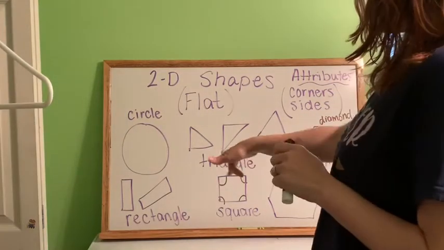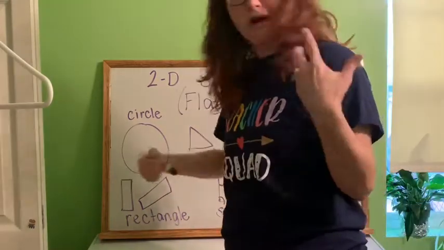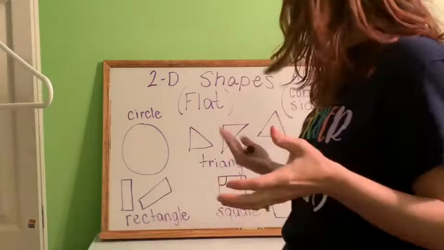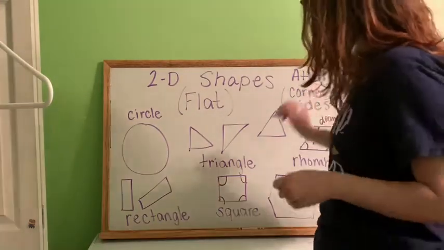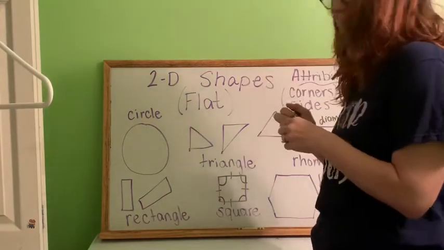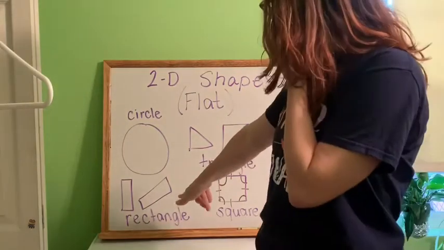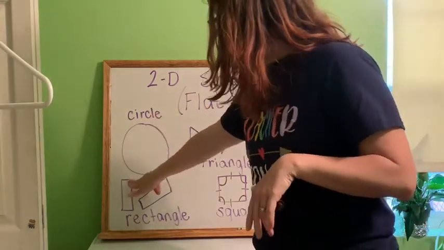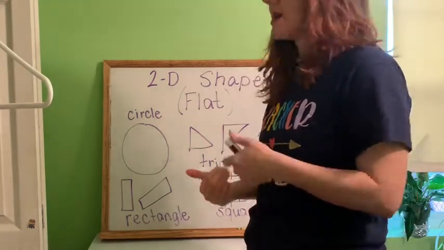Now, when we're looking at a square and a rectangle, we can see that those angles are all the same, right? They all have those right angles. But what makes those different? Well, in a square, we talked about that equal word. All of the sides are the same length, right? They have equal length. But when we look at a rectangle, there are 2 short sides and 2 long sides.